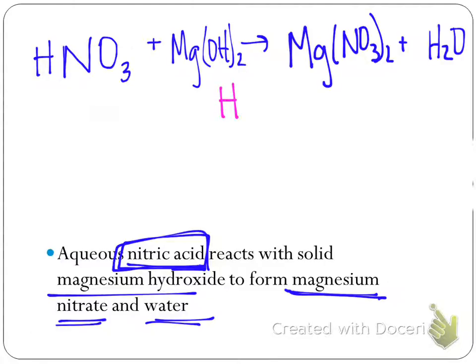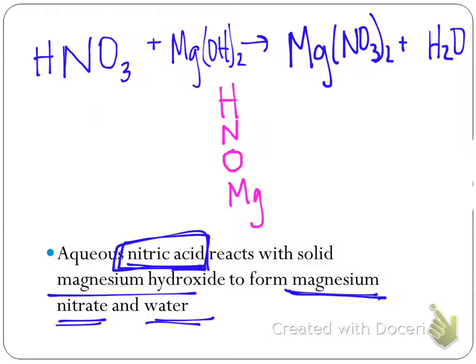I have hydrogen, I have nitrogen, I have oxygen, and I have magnesium. But here, look, hydrogen and oxygen are in both of our reactants. Does that mean we need to write it twice in our list? No, we just have to count it both places. All right, let's go ahead and count these.